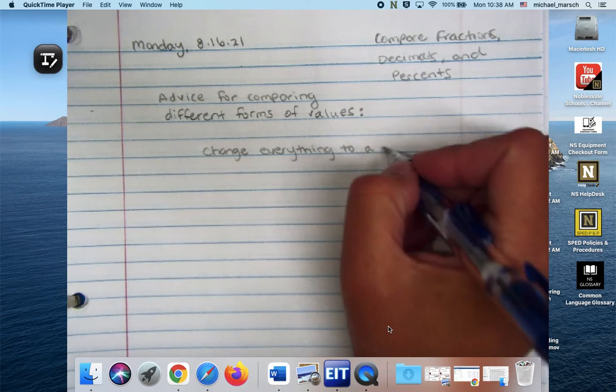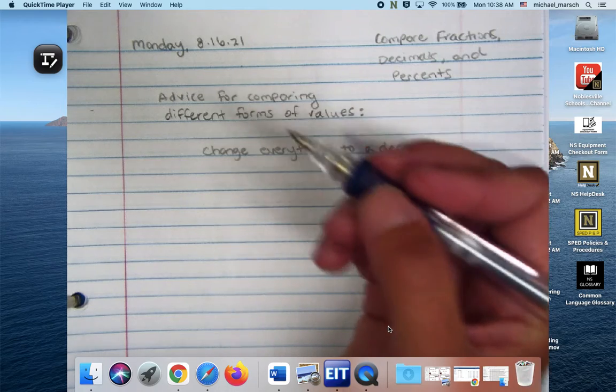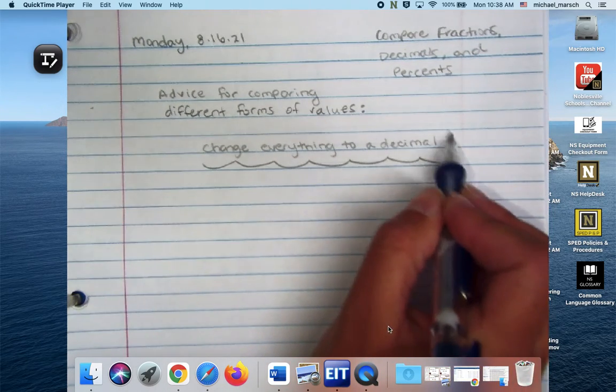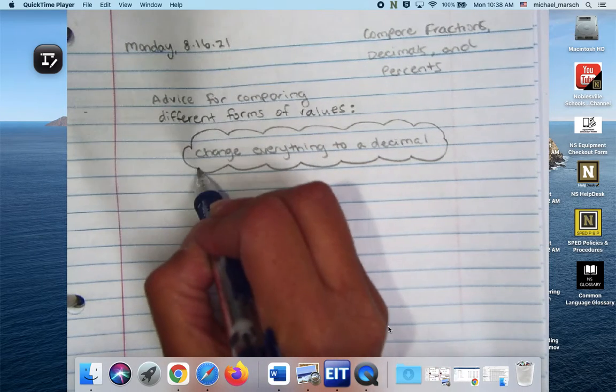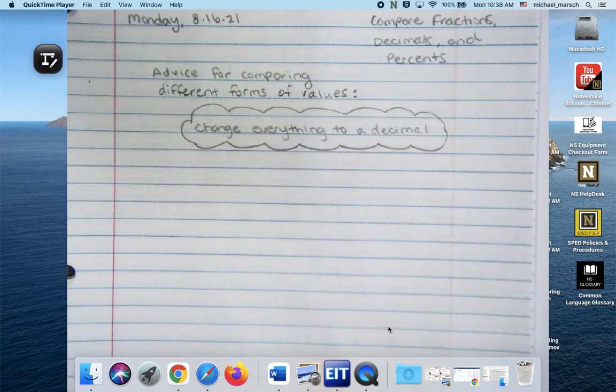A decimal. That is my words of wisdom for today. Change everything to a decimal. Right? That's probably the easiest form to put a number into, where you can just look at the digits and know which is greater, which is less. Okay?